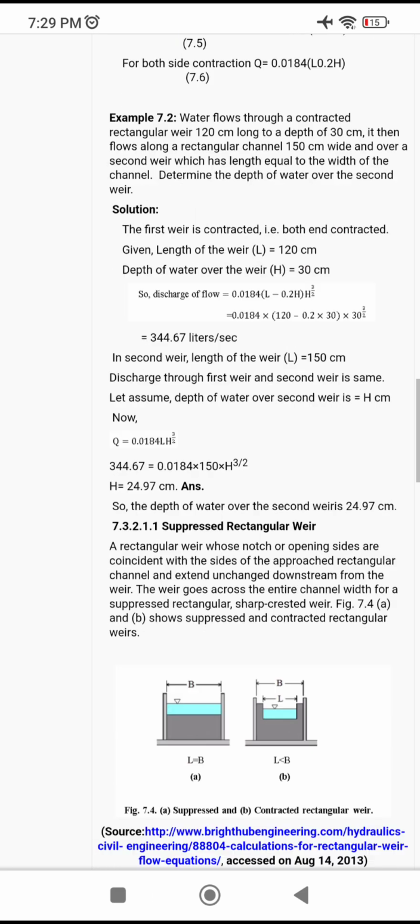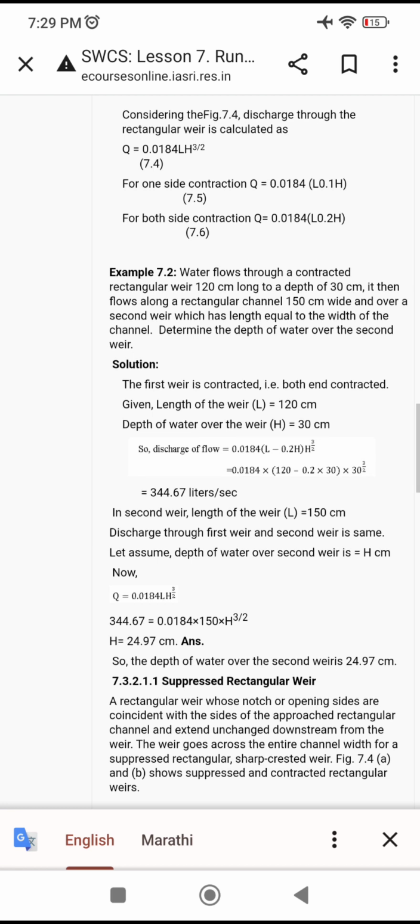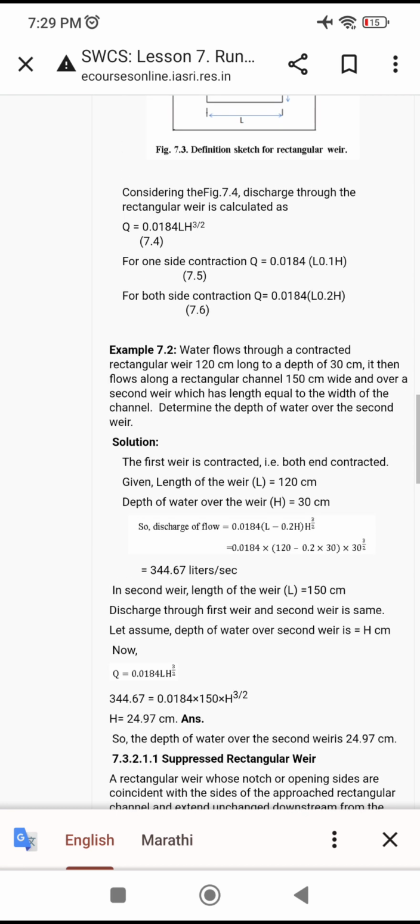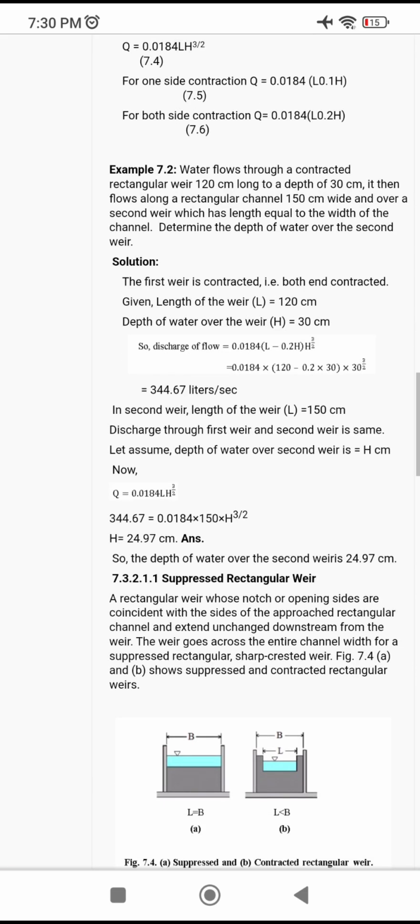Remember this one. You can expect this simple problem from an exam point of view, because you just have to put the values of each parameter to get the discharge. So you can expect one question from this.